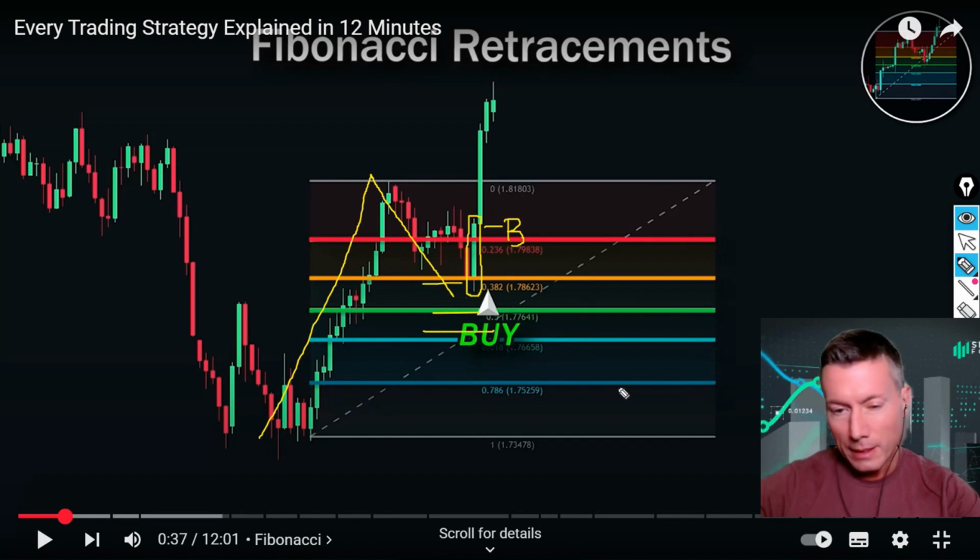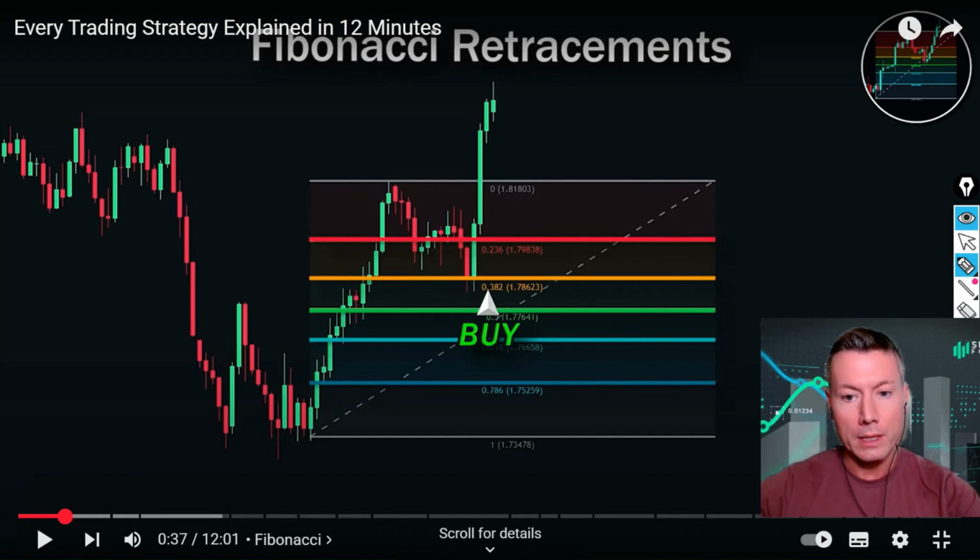Okay, so that's Fibonacci's, right? And I like Fibonacci levels because they're one of the few indicators that are not lagging, right? They are static areas on a chart. But again, price action is a more robust and easier way to trade it.